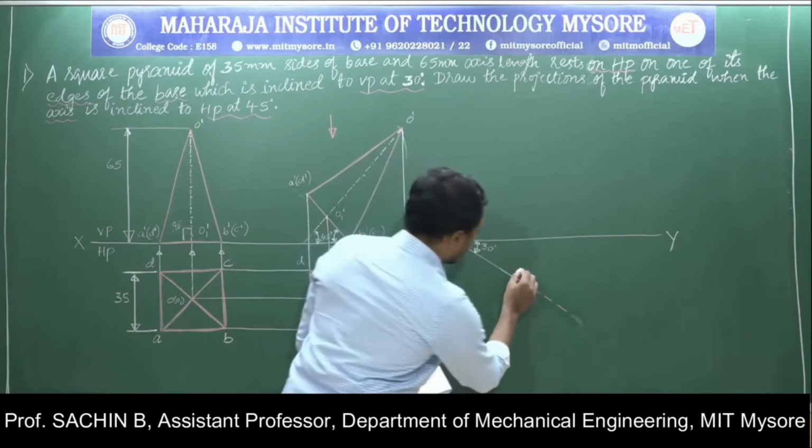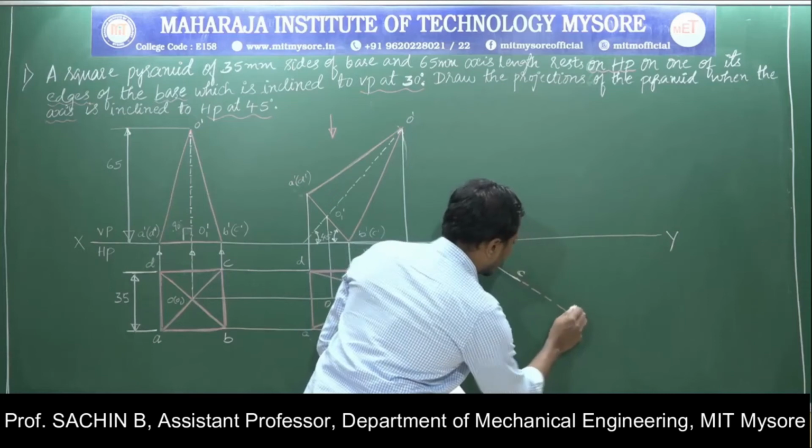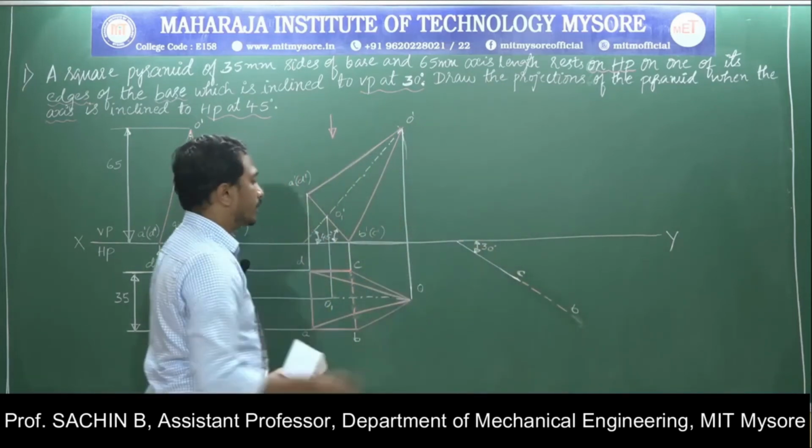Once after measuring the B and C length, this is B point, this is C point, because I am rotating to the vertical plane at an angle of 30 degree.